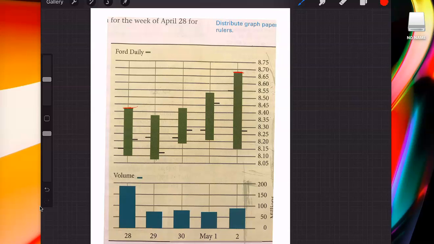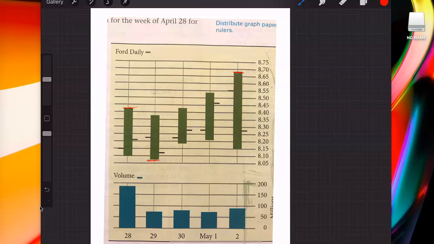And which day had the lowest price? On the 29th of April, we can see here we were sitting at about $8.07 roughly as our lowest price.